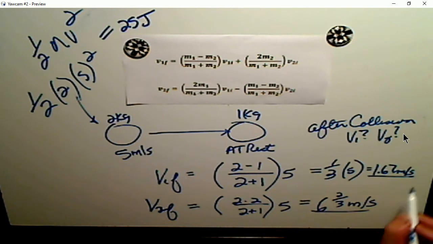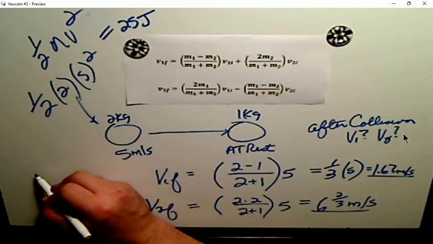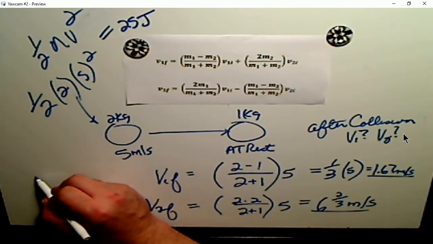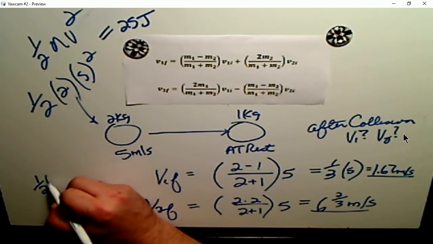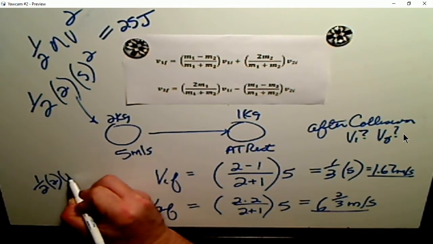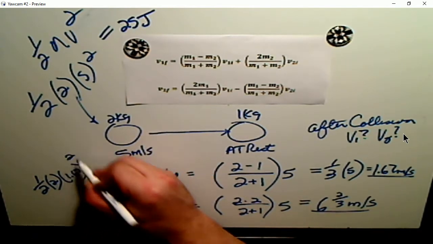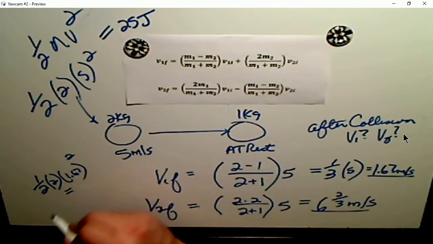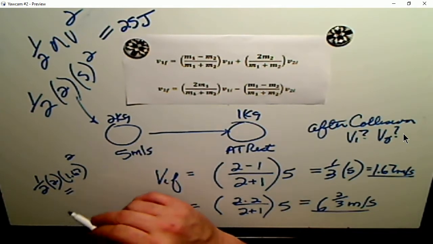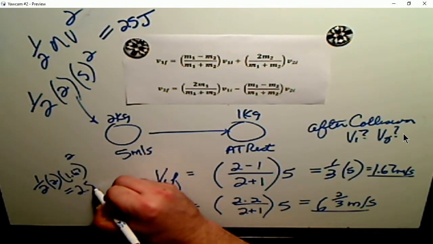The after would be for ball 1, 1/2 times 2 times 1.67 squared. That's going to give me about 2.8 joules.